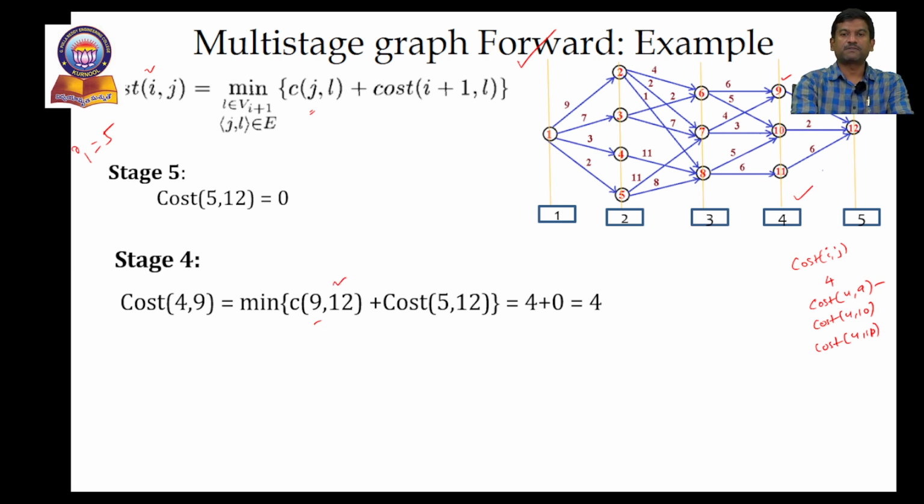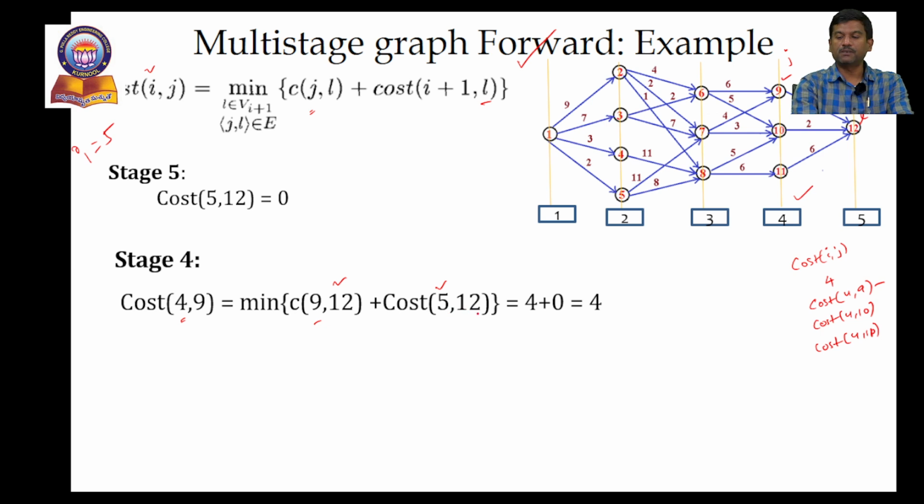Plus cost of i plus 1, where i indicates the stage. For computing cost of 4 comma 9, the stage i value is 4, so 4 plus 1 equals 5. l indicates the vertex connected at that stage from the respective vertex. From 9 it is 12, so j is 9 and l is 12.